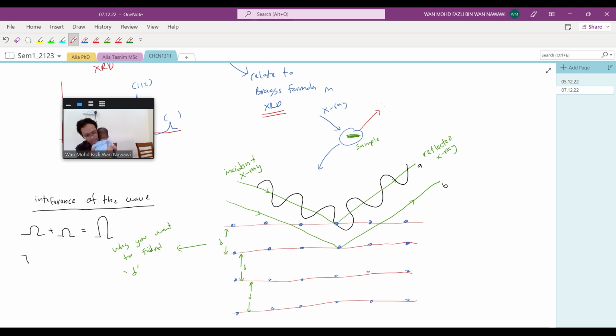If you have something like this, then it becomes smaller. If you have a wave like this, and then another wave like this, it will be destructive.